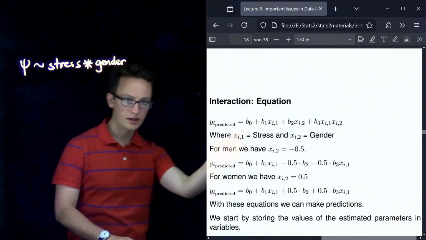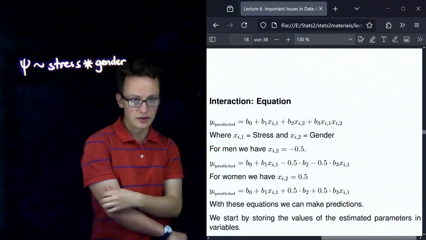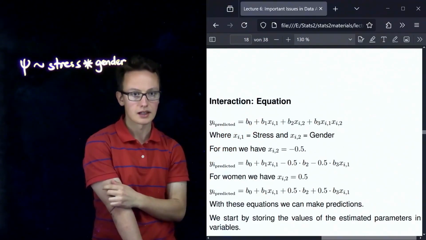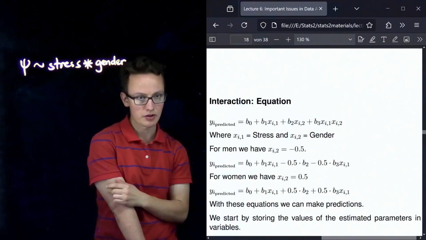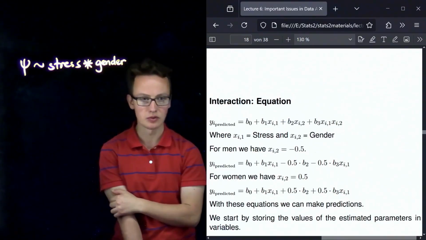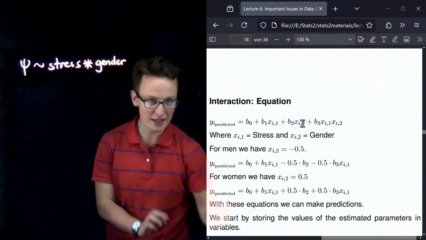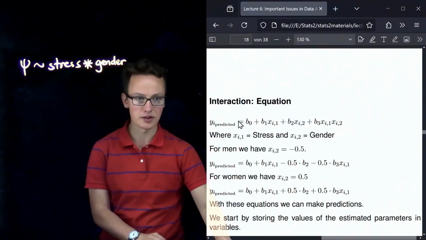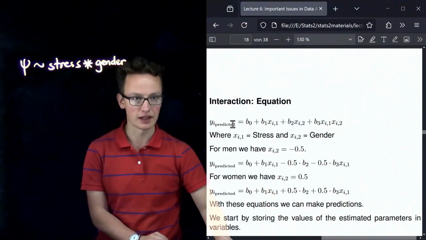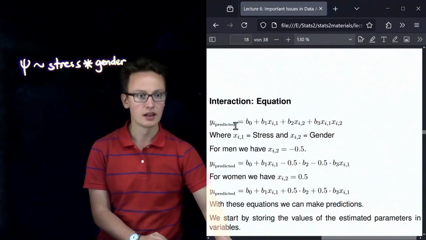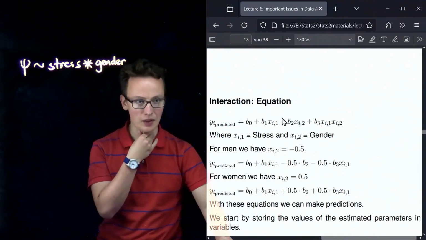So what we see here is the equation for describing a linear model, a linear regression that includes an interaction between two predictors, x1 and x2. And more precisely, here we have the equation for the predicted outcome values. That's why I write predicted here. And that's also the reason why we don't have the epsilon here.